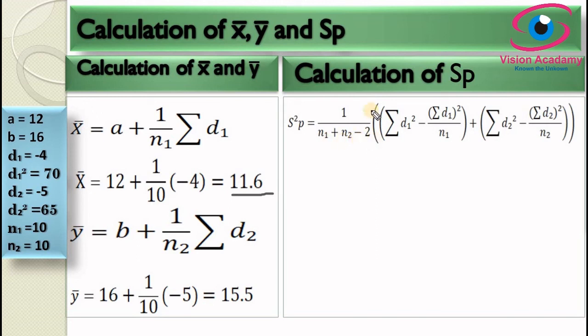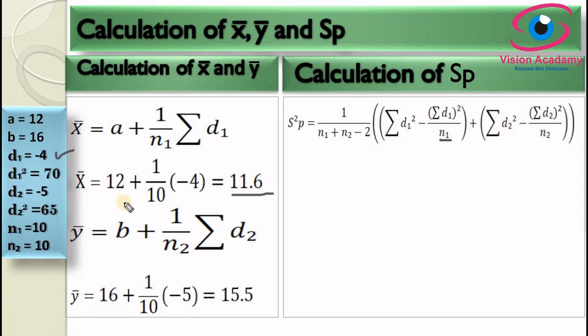So in the square bracket, summation D1 square, very importantly you should not confuse summation D1 square with summation D1 whole square, because they are different. So summation D1 is minus 4, summation D1 square is 70, and N1 is 10.